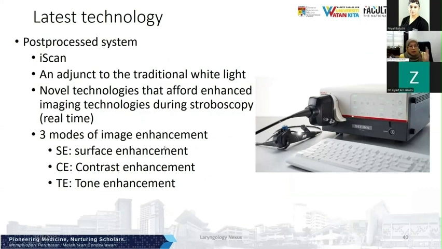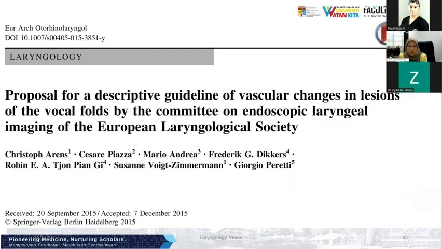The enhanced laryngeal imaging and stroboscopy is available in real time in this system, which you can do both at the same time. Stroboscopy together with iScan, which I'm going to show in some videos afterwards.